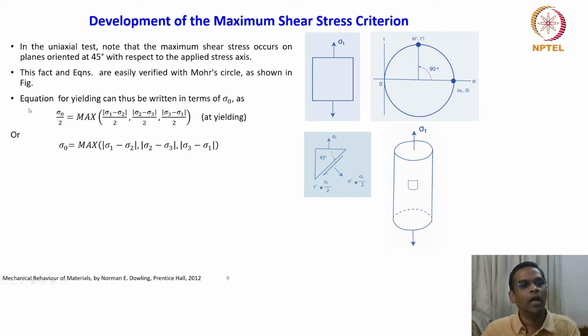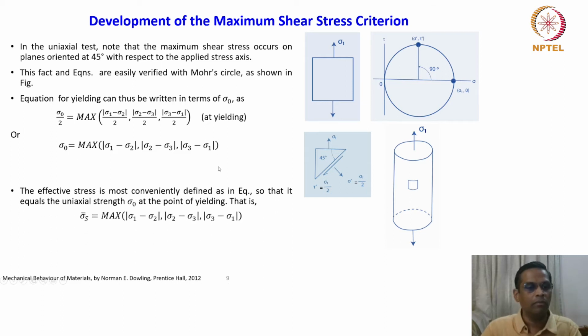That's what I'm showing. So the equation for yielding can thus be written in terms of sigma naught as sigma naught by 2 is equal to max of tau 1, tau 2, and tau 3. Okay. Or you can rewrite it in this form.